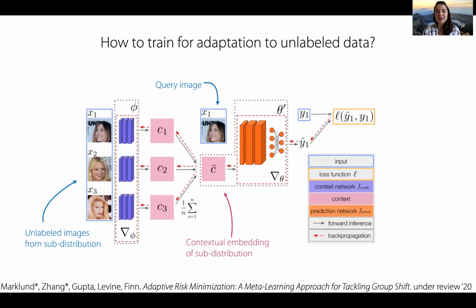That prediction will be compared to the label, which gives us a classification loss for that query image. We'll then backpropagate this classification loss into both the neural network that takes as input the query image, as well as the neural network that takes as input the context, the unlabeled data, and train it such that it can effectively adapt to the unlabeled images for a variety of query images. And we'll do this for a variety of sub-distributions that are sampled according to group data.